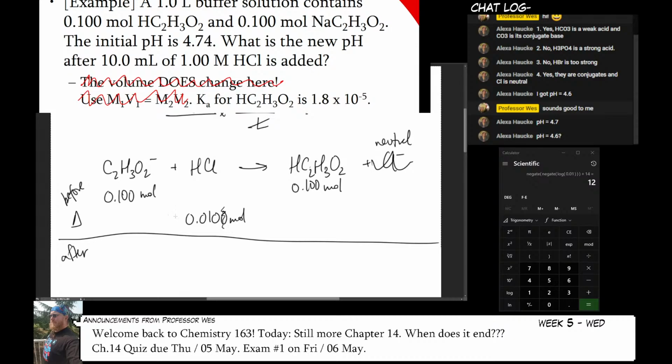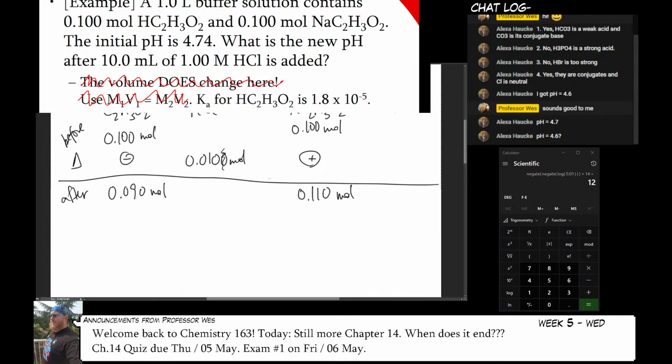Really, this sig fig isn't going to matter because it's not present here. We're going to reduce this by reacting with it. We're going to add to this one. There you go. And then we can use Henderson-Hasselbalch.